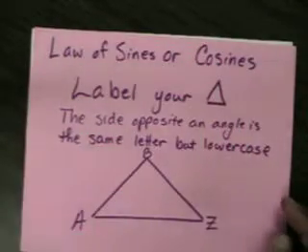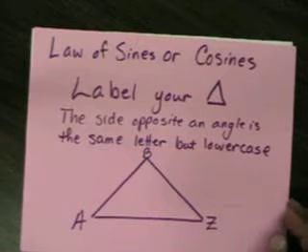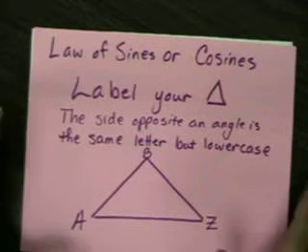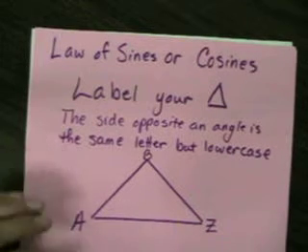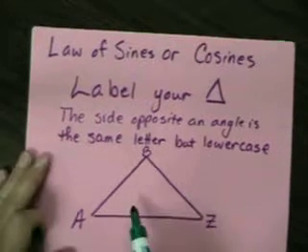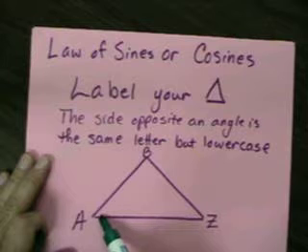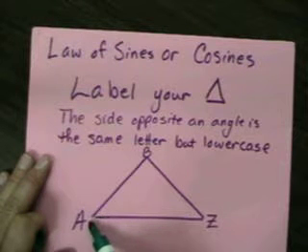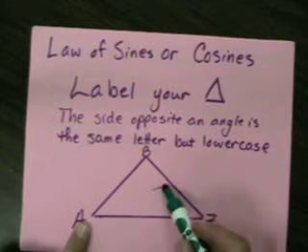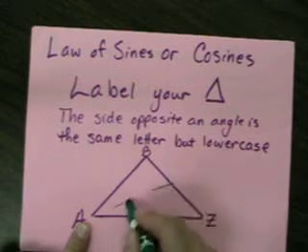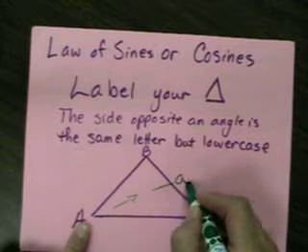When we're using the law of sines and cosines, the first step, just like on a right triangle problem, is to label our sides. The way that we label our sides is we always label them with the letter of the angle opposite them. Like here is angle A, the side across from it will be little a.